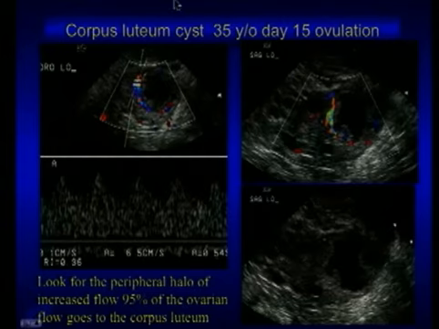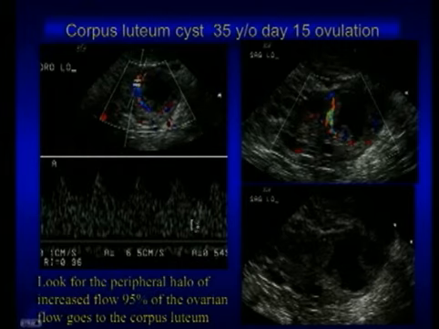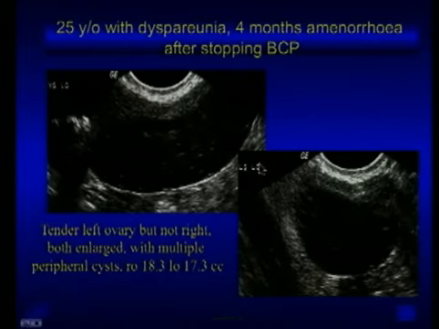Corpus luteum cyst, traditionally a stellate appearance, having a ring of fire, a very vascular periphery with high velocity flow. Quite typical ovarian cyst or corpus luteum cyst.